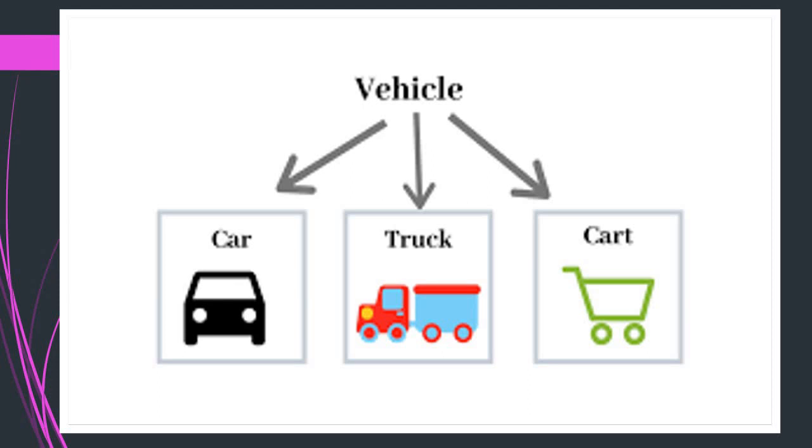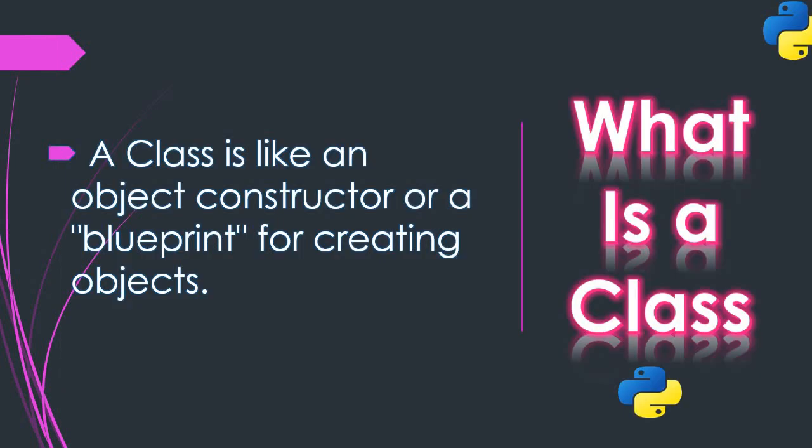So now let's get to the definition of a class. A class is like an object constructor, or we can say a class is a blueprint for creating objects. Like for creating cars, we have a blueprint, or we have a blueprint for creating buildings.